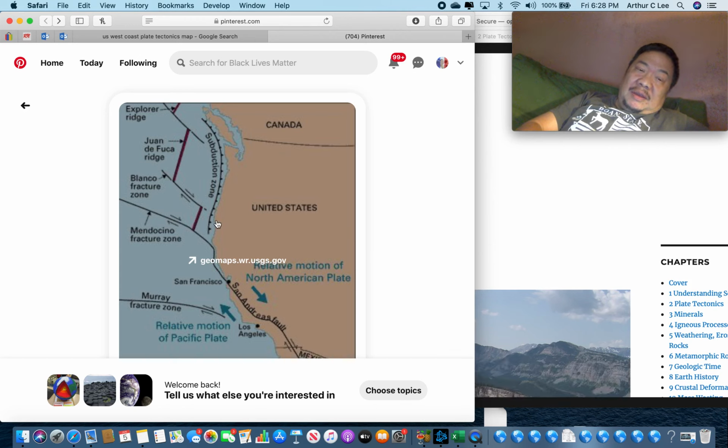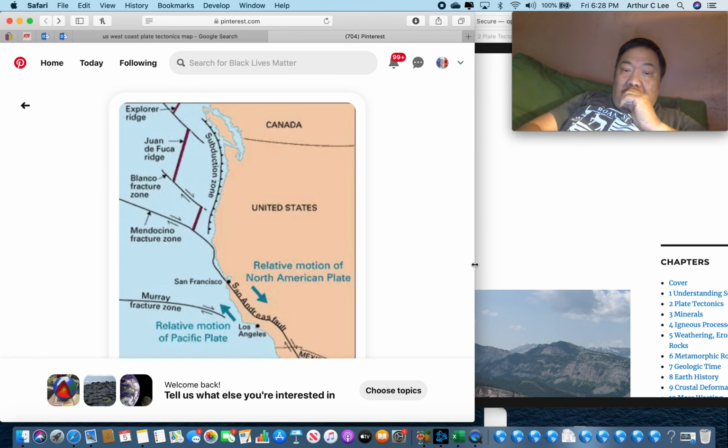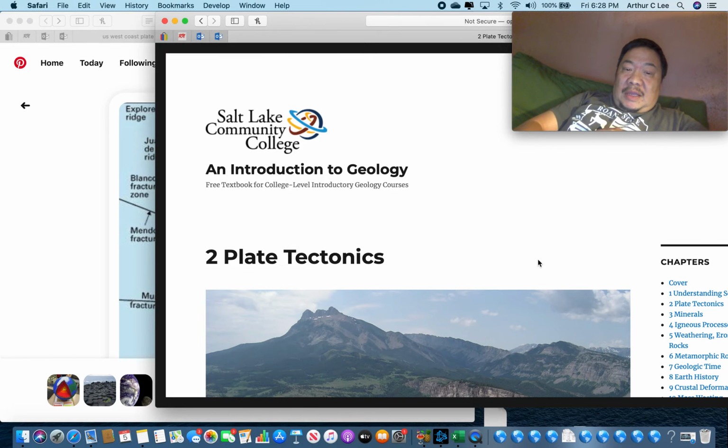South of the subduction zone, we have the San Andreas Fault, which is a transform plate boundary. I think that shows it quite well.